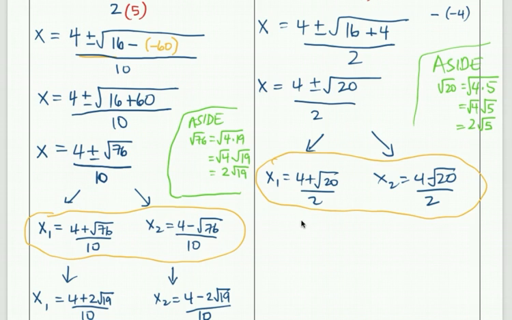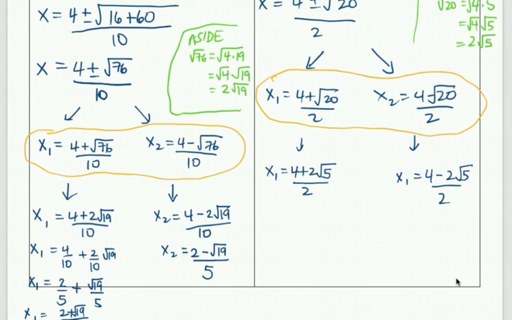All right, so let's simplify this out then. So you're going to have 4 plus 2 root 5 all over 2, okay? And this one is going to be 4 subtract 2 root 5 over 2. And it's a nicer one to reduce, okay? So 4 and 2, right?